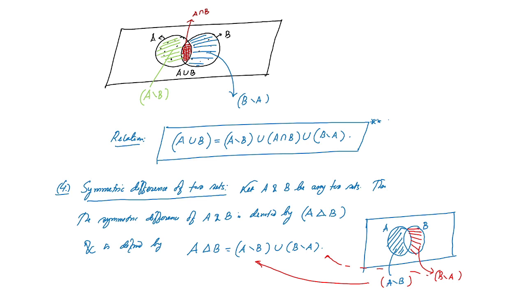Union of blue and red here means the symmetric difference of A and B. And that also can be written as A union B minus A intersection B. The whole thing minus the intersection part. That means that part, that part is basically the intersection part. That will be again the symmetric difference that you can visualize with the help of a Venn diagram.